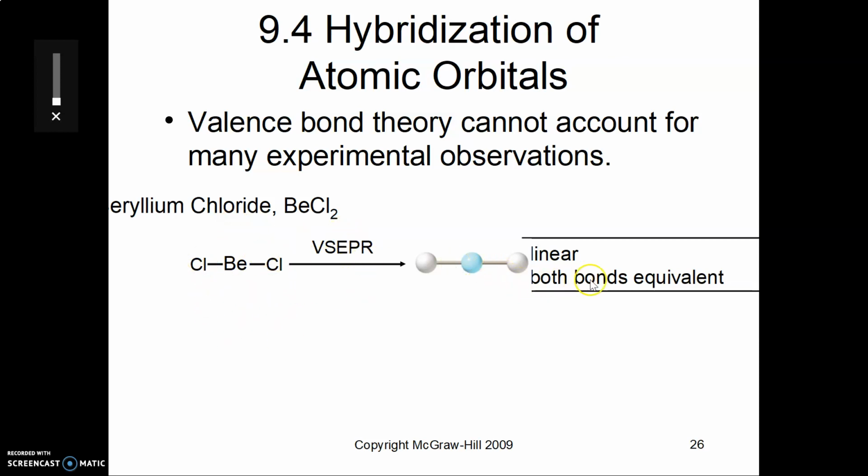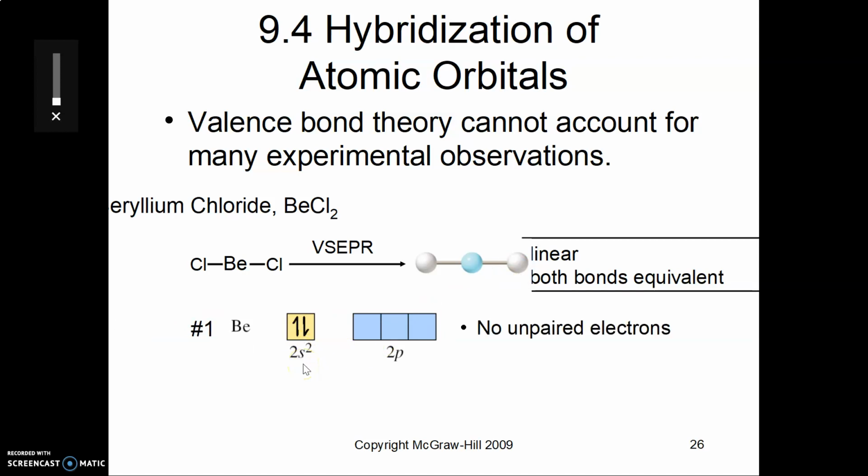So if we look at our beryllium dichloride, right, beryllium in the center, chlorine on each side. According to VSEPR, both bonds should be linear and both bonds should be equal. So beryllium has 2 valence electrons, no unpaired. Right, so this is our hybridization, right? So we've bumped an electron up to the 2p1.